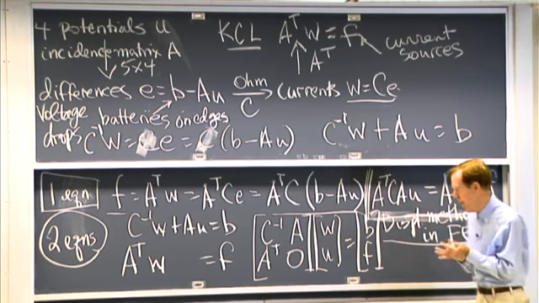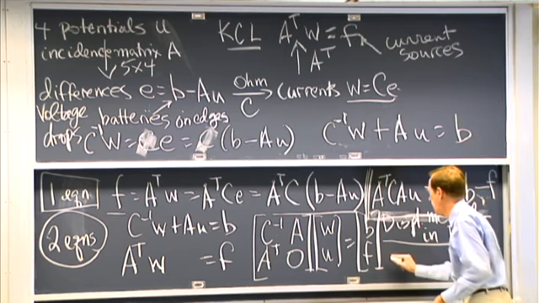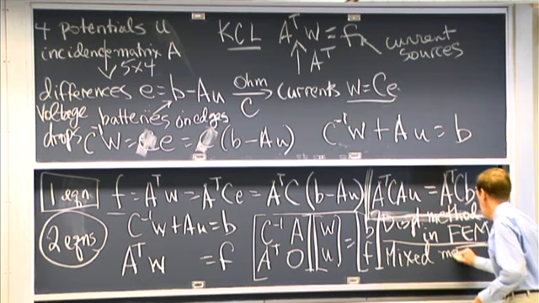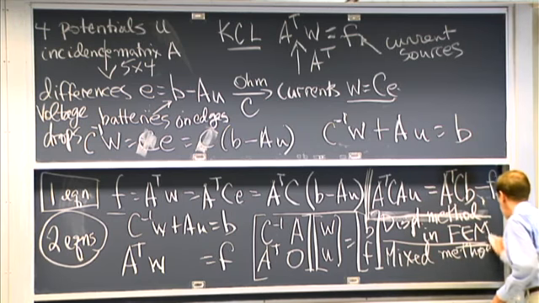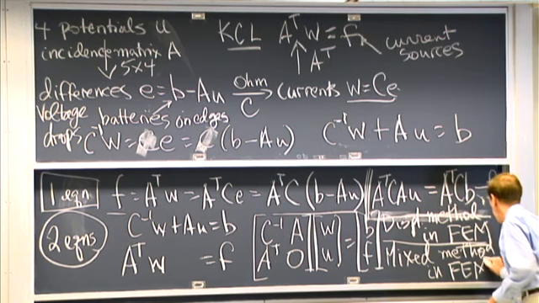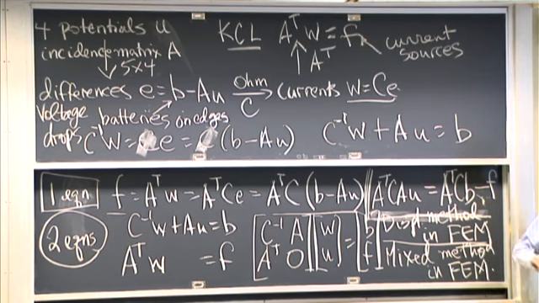It's called the mixed method. So this corresponds to the mixed method in finite element. It corresponds to the possibility of keeping W and U.